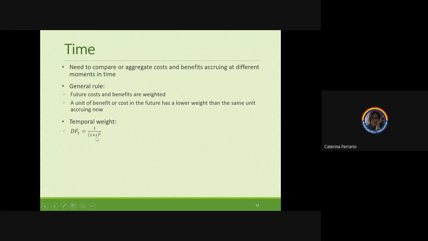I know you have been already talking about this with Professor Mazzanti. And then we have t, time. So time may be 1, 2, 3, etc. How much farther in time we are going. So this is a temporal weight that we attach to costs and benefits that are accruing later on.